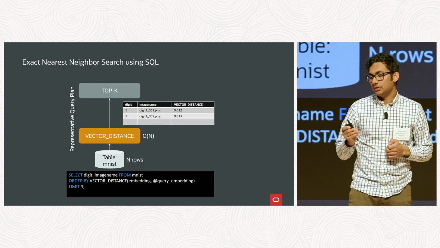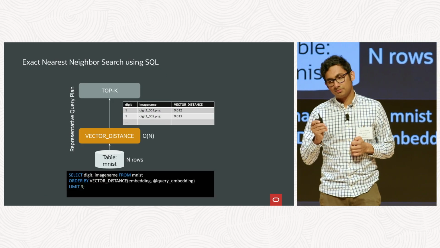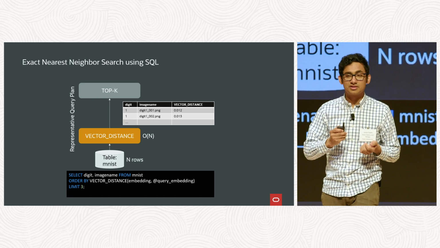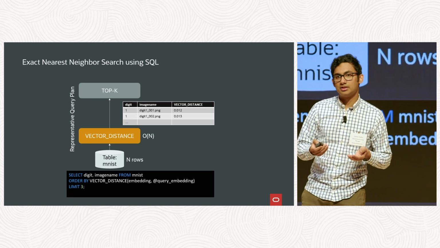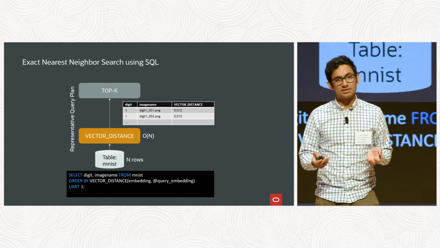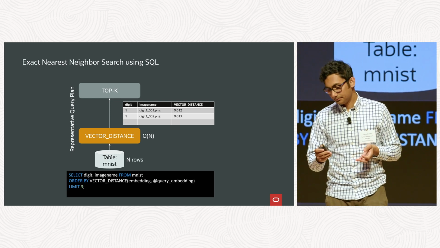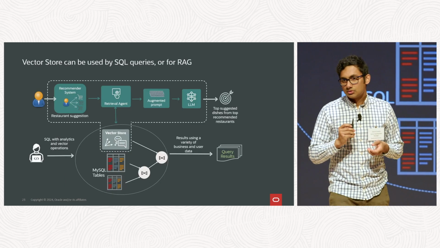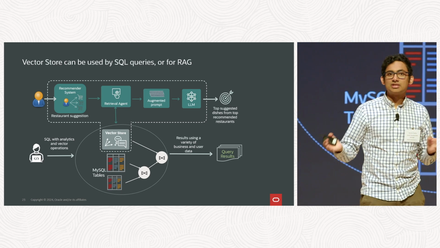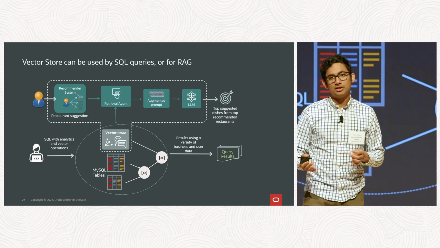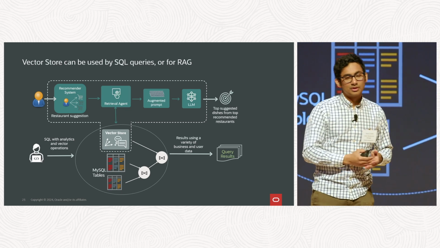As I said, we have created these vector distance functions to work on these vector data types, and this works at memory bandwidth. So once you've ingested this unstructured data into the vector store, what do you do with it?